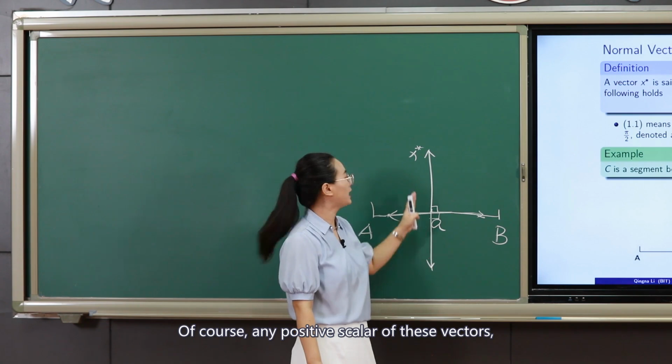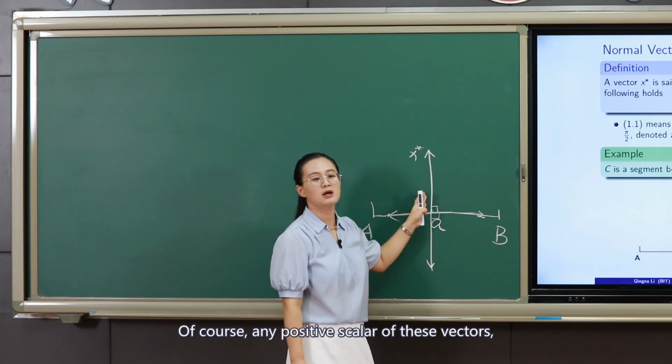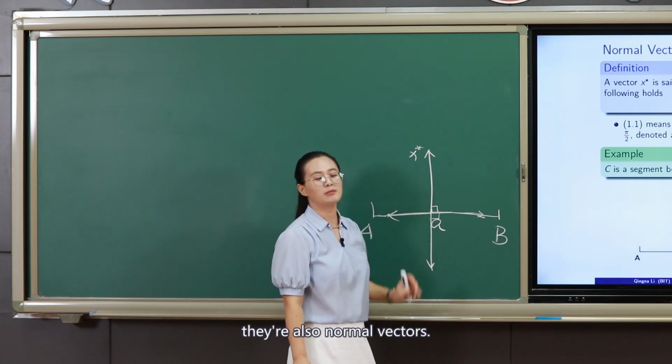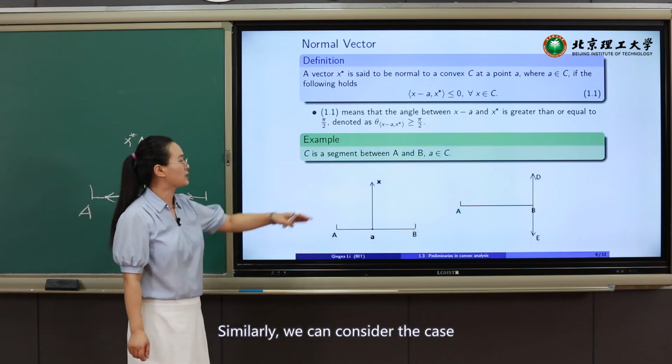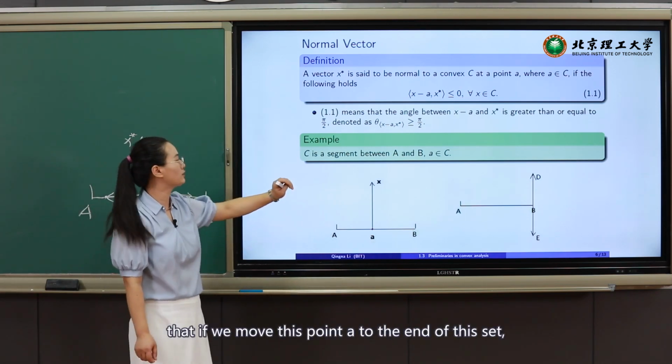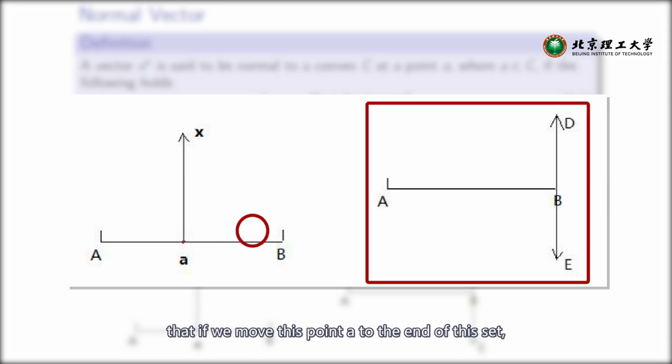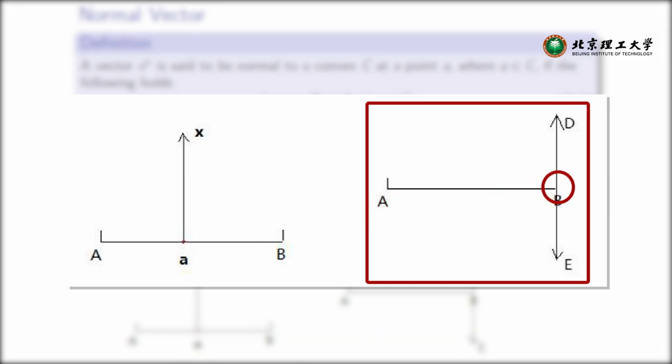Of course, any positive scalar multiple of these vectors is also a normal vector. Similarly, we can consider the case where we move this point A to the end of this set. You can similarly find that the normal vectors are any vectors starting from BD and turning right until BE. They are all normal vectors.